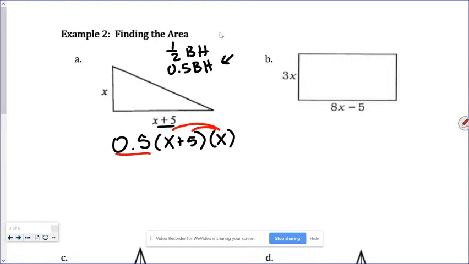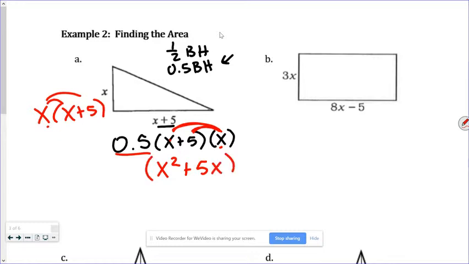If you're looking at this and confused, let me write over here what I'm really doing. You can write this x at the end or the beginning. So if you like in the beginning, maybe you want to rewrite it because you're just using the distributive property. So I have x times x is x squared plus 5 times x, so 5x. All right, then I still have the 0.5 in front. I'm going to distribute that.